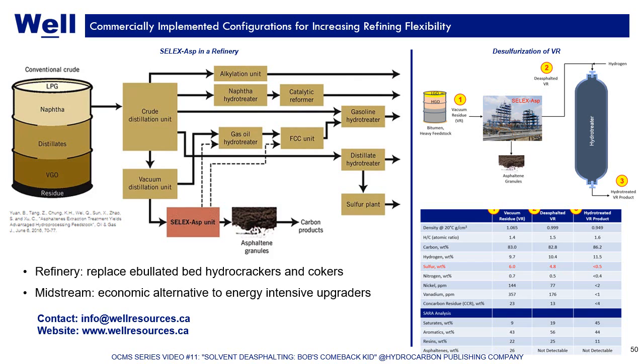As of April 2018, 5 commercial SELEX units have been commissioned in Asia with individual processing capacities up to 20,000 barrels per day. An additional unit has been licensed in North America for treating Canadian bitumen. Operators often use SELEX to produce DAO suitable for hydrotreating.